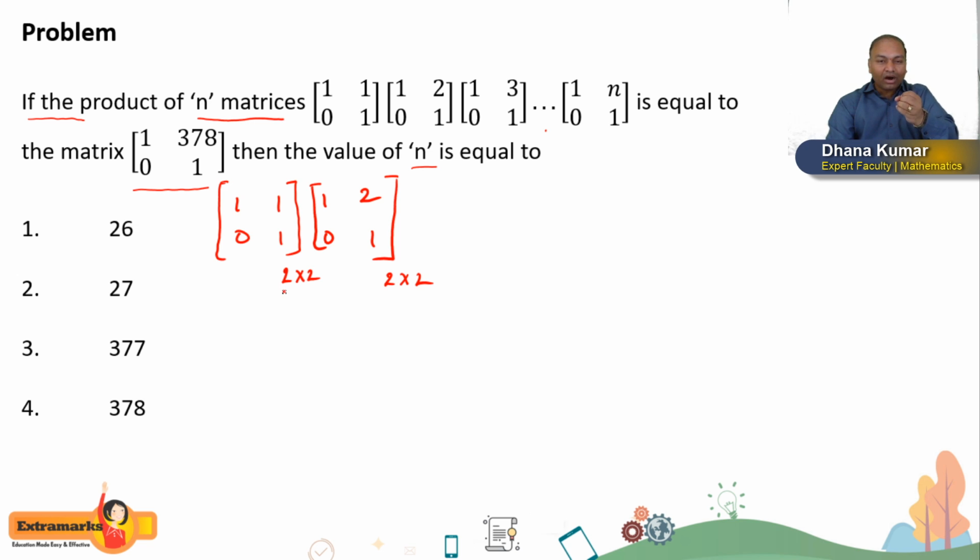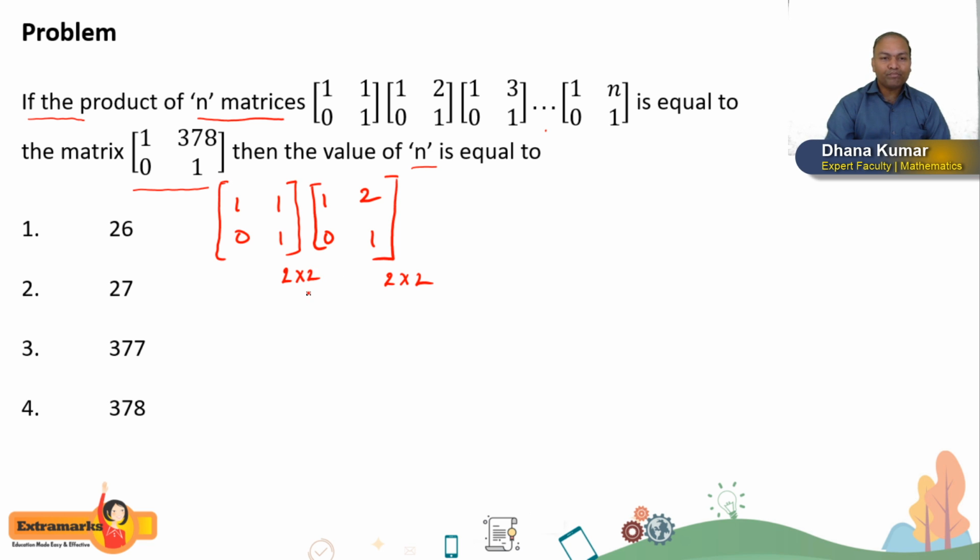The first number always indicates the number of rows. The second element represents the number of columns. So the number of rows for the first matrix is 2, and the number of columns for the first matrix is also 2. What is that condition?